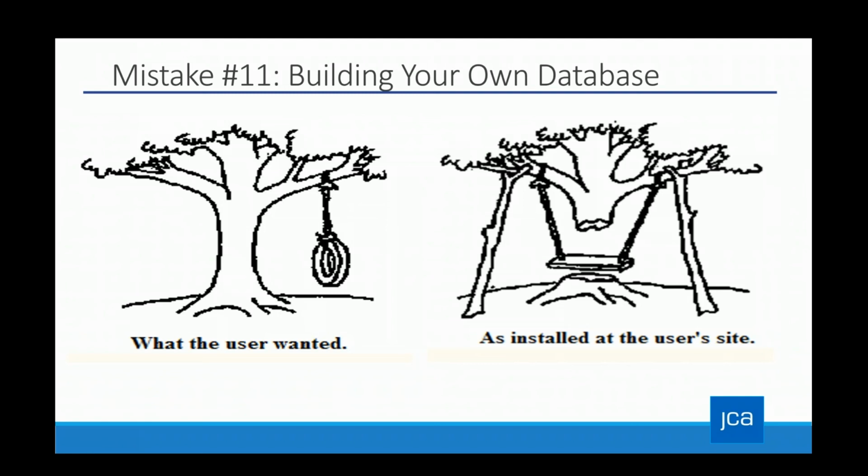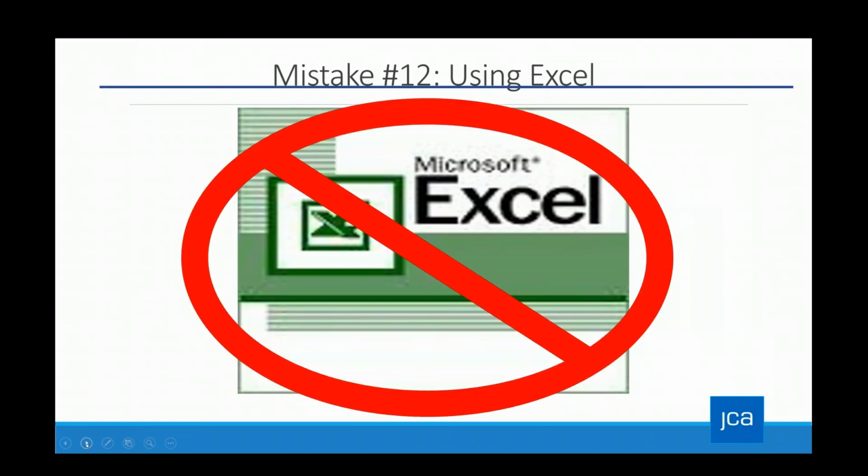The next mistake, and I hope that no one in this audience is doing this, but I speak to audiences with a lot of small nonprofits, and there's always somebody, and frequently a lot, who raise their hand and say that they are tracking all of their donors or members or activists or volunteers or whatever in Excel.